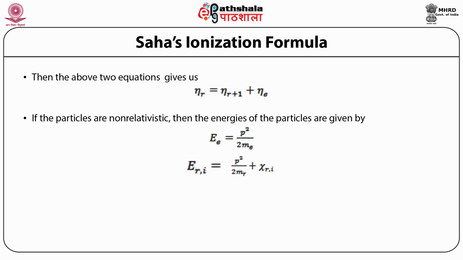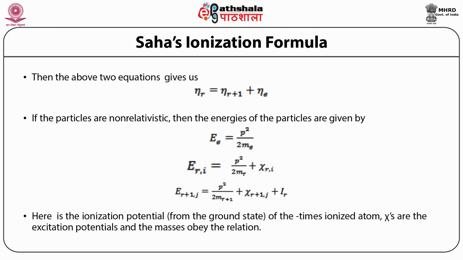Then we can also write E_(r+1,j) equals P squared divided by 2 m_(r+1) plus xi_(r+1,j) plus I_r.